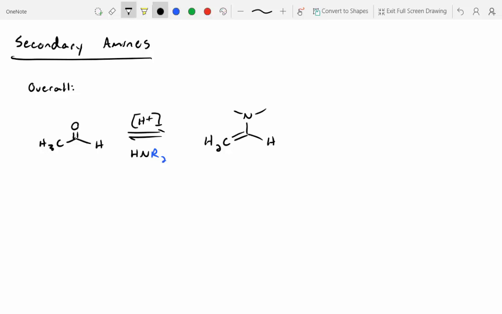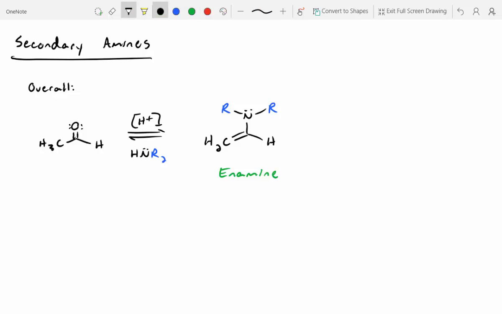And you get N, R, R. And I'll add in all of our lone pairs here. So if you notice, we're not forming a carbon-nitrogen double bond, we're forming a carbon-carbon double bond, so it's kind of like an alkene. So we call it an enamine. It's an alkene with an amine coming off of it.